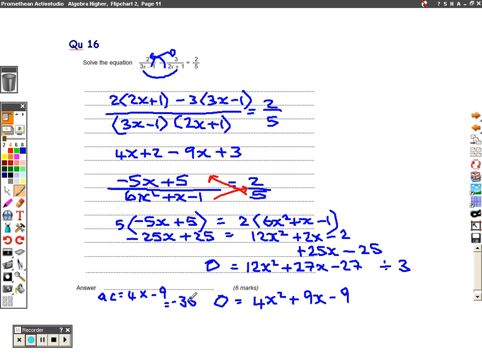Factor pairs of 36 are 1 and 36, 2 and 18, 4 and 9, and 3 and 12. 3 and 12 is what is going to work. When you factorise it, it should give you 4x minus 3 upon x plus 3. Tough question.